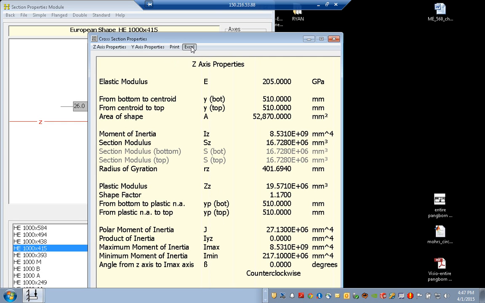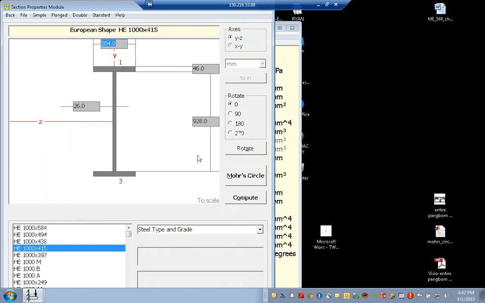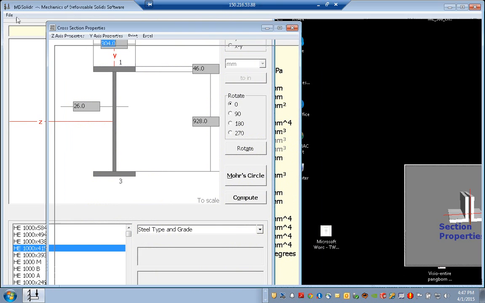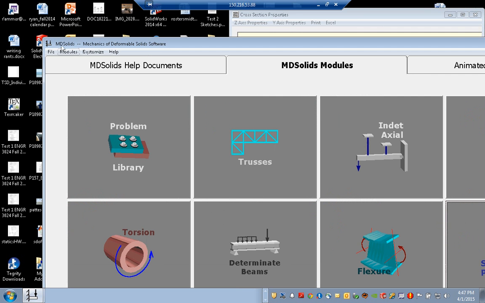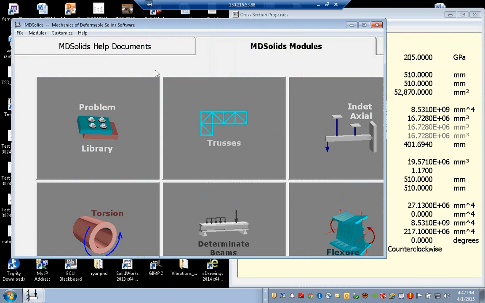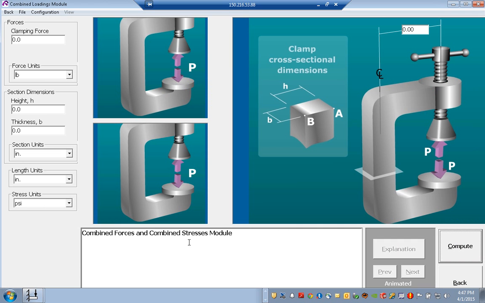And it'll plunk it out in Excel. It's like everything else in engineering. There's a program out there that will do it way easier. Because the screen resolution is so low, I can't get to the stress distribution.